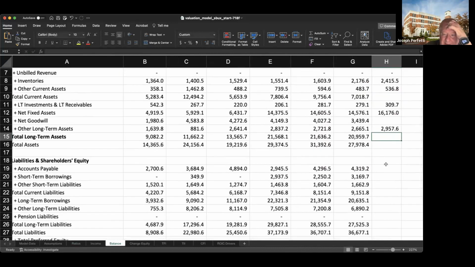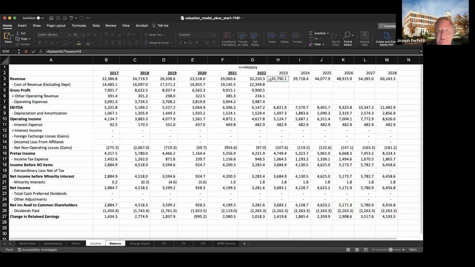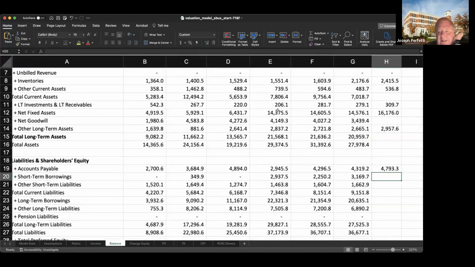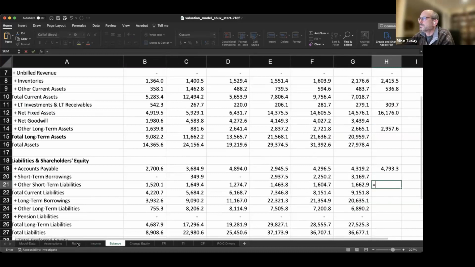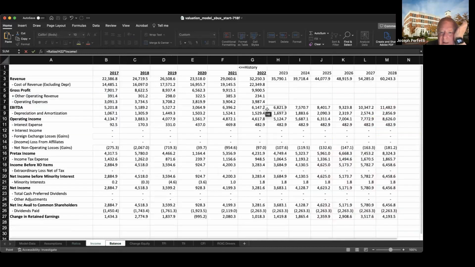Now we're going to forecast accounts payable. Equals from the ratios, accounts payable as a percentage of sales, 13.4%. So that's H21 times income H3. So 4,793 of accounts payable. The next ratio is other short-term liabilities equals ratios H22 times income H3.